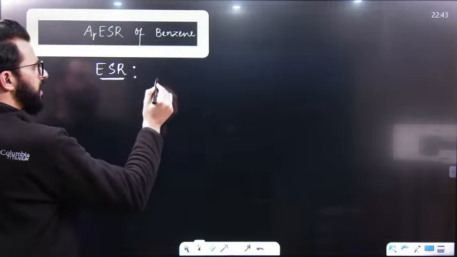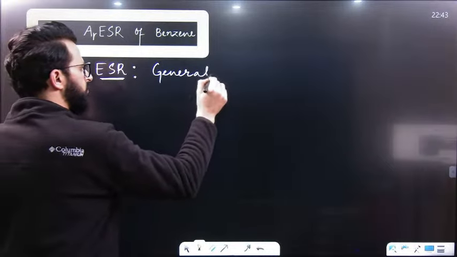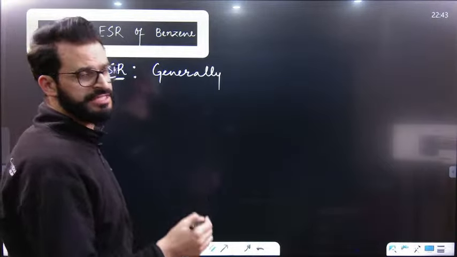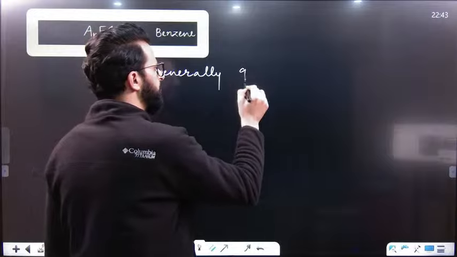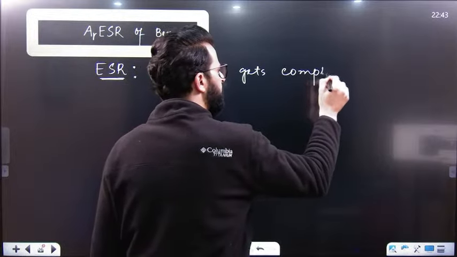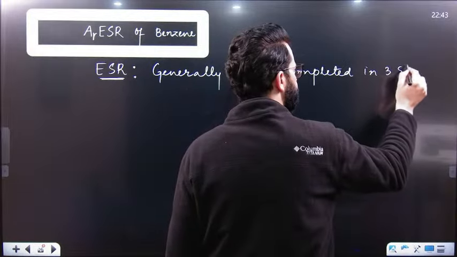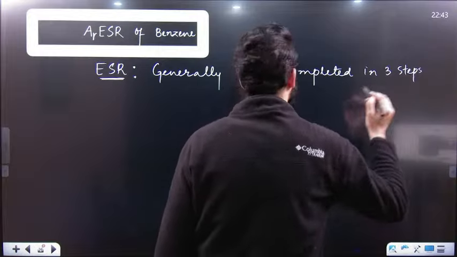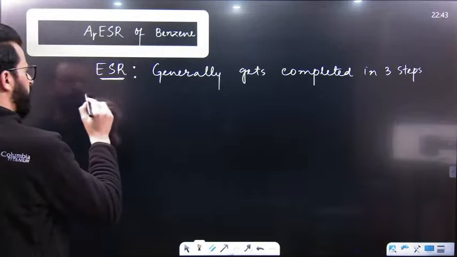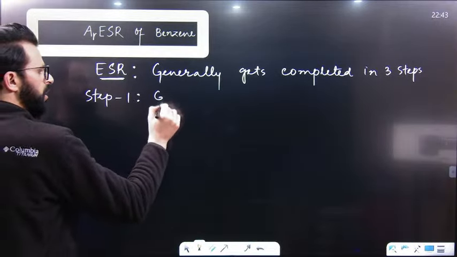Remember, it generally gets completed in 3 steps. We have to discuss the mechanism of these reactions. Step 1 is always generation of the electrophile.